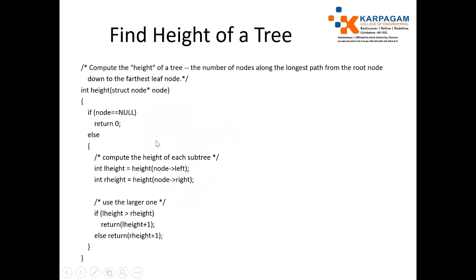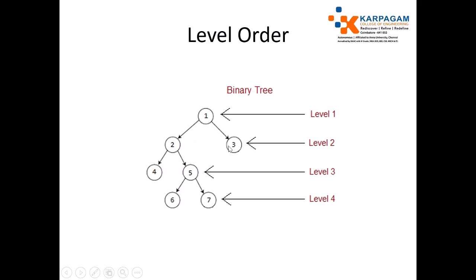The right subtree process will return the value 1, and the left subtree process will return the value 2.